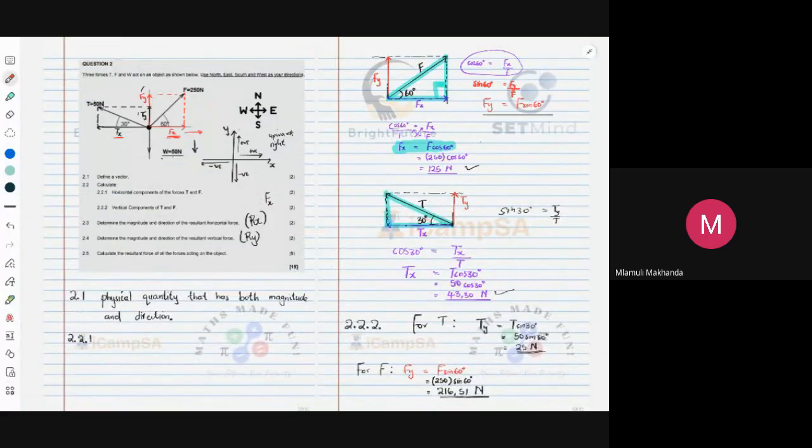I couldn't find another example, unfortunately, but give me a second. Let me see if I can find one example about it.